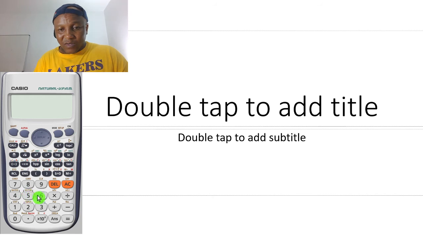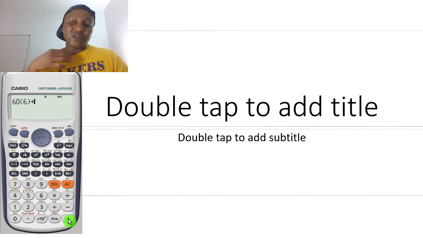I think I'm wrong on the last one. So we say 60 in the bracket 6, and then plus 20 in the bracket 16, and then we close the bracket and say equal to.